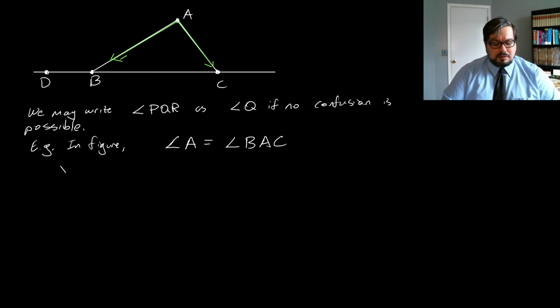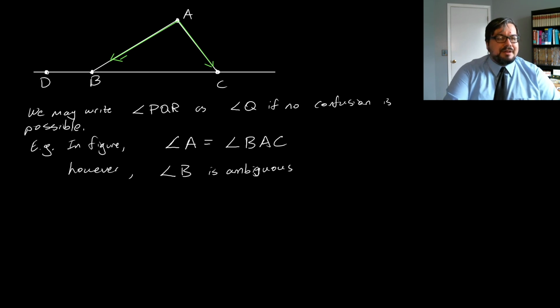However, if we tried to write down something like angle B, this is ambiguous. Because if I look at angle B, I could ask, am I talking about this angle here? Am I talking about angle ABC? Or am I looking at this angle here, angle ABD?